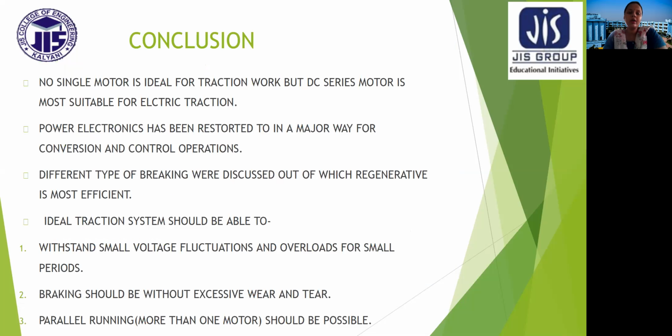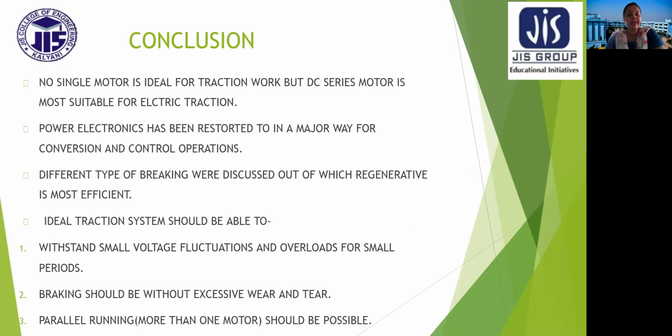So the conclusion that we can get: no single motor is ideal for traction work, but the DC series motor is more suitable for electric traction. Power electronics has been resorted to in a major way for conversion and control operation.